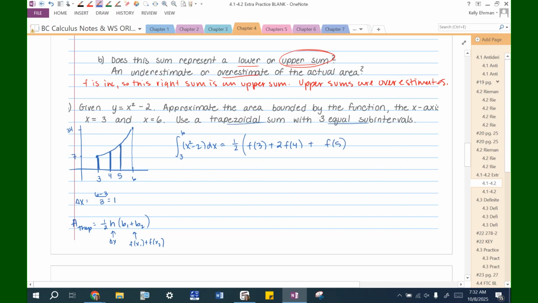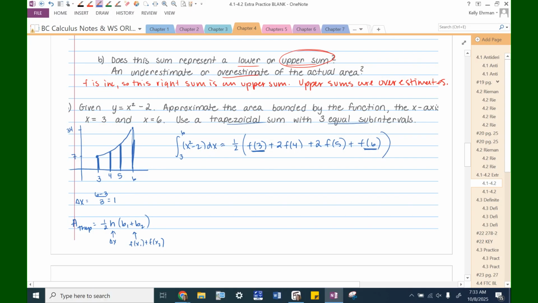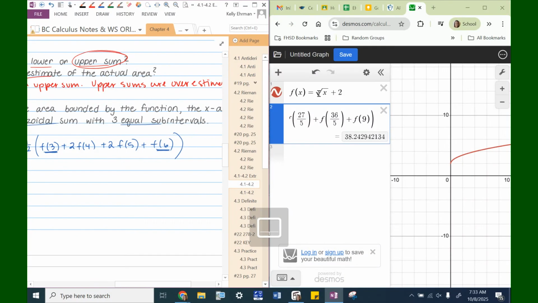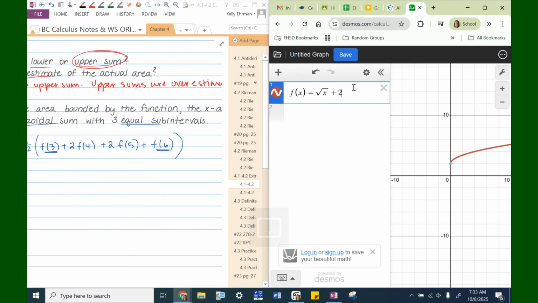The third trapezoid has f of 5 and f of 6. So there's 2 of those. So there should only be 1 on the ends, 1 f of 3, 1 f of 6, but the other ones have 2. Again, I can type this into my calculator. So let's change this to x squared, what was it? Minus 2.